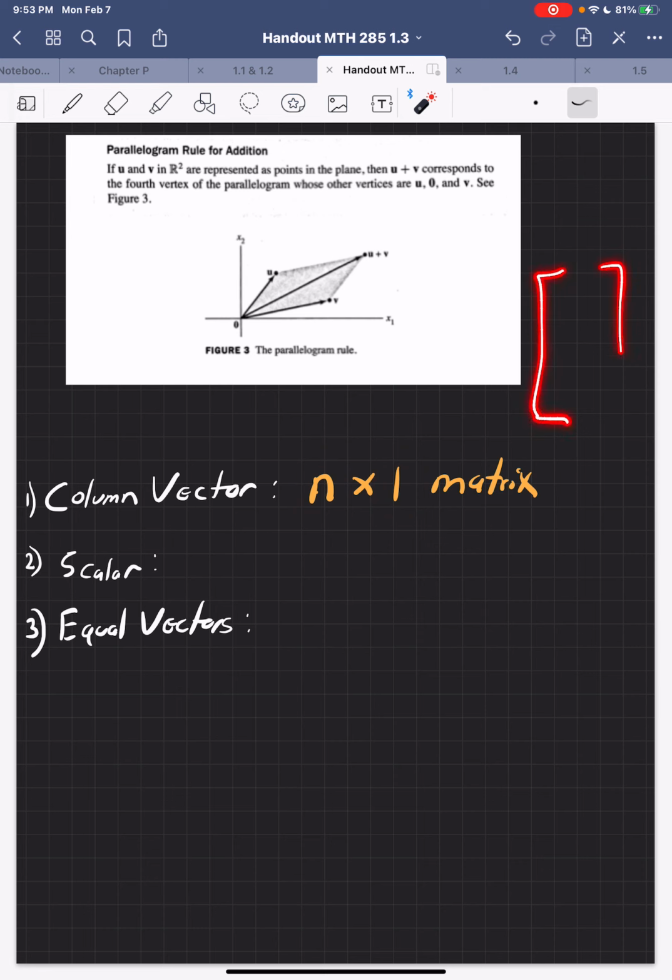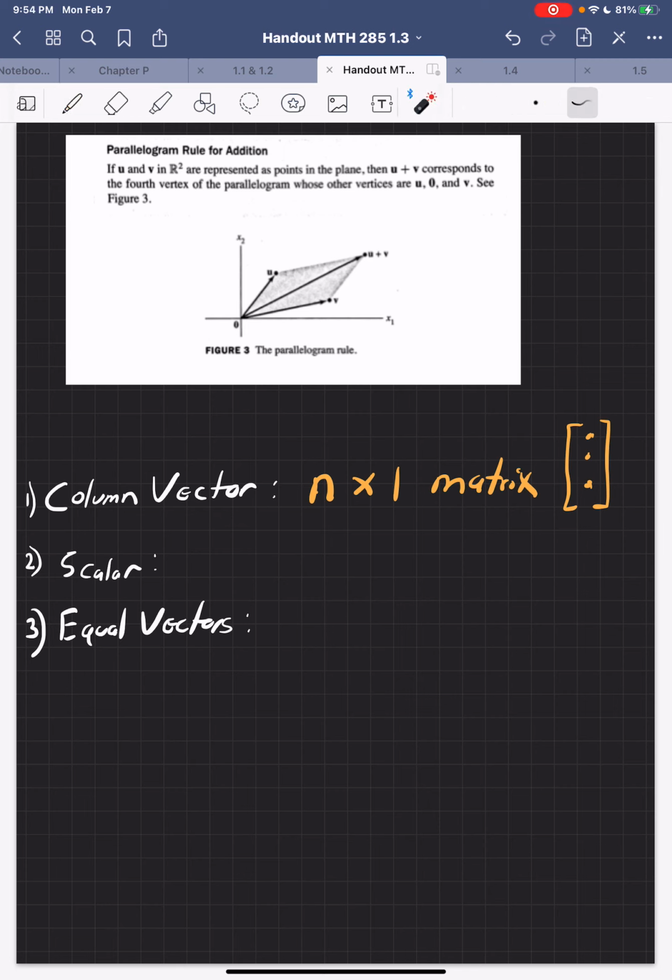Like you can have 4 rows but one column. That's still a vector. So this is what we mean, just one column, but it doesn't matter how many rows. So this is a column vector.